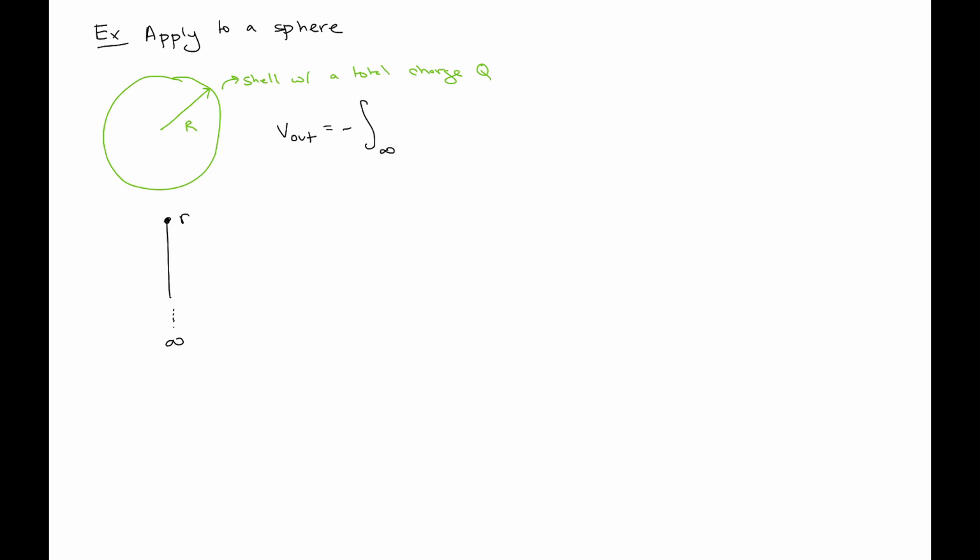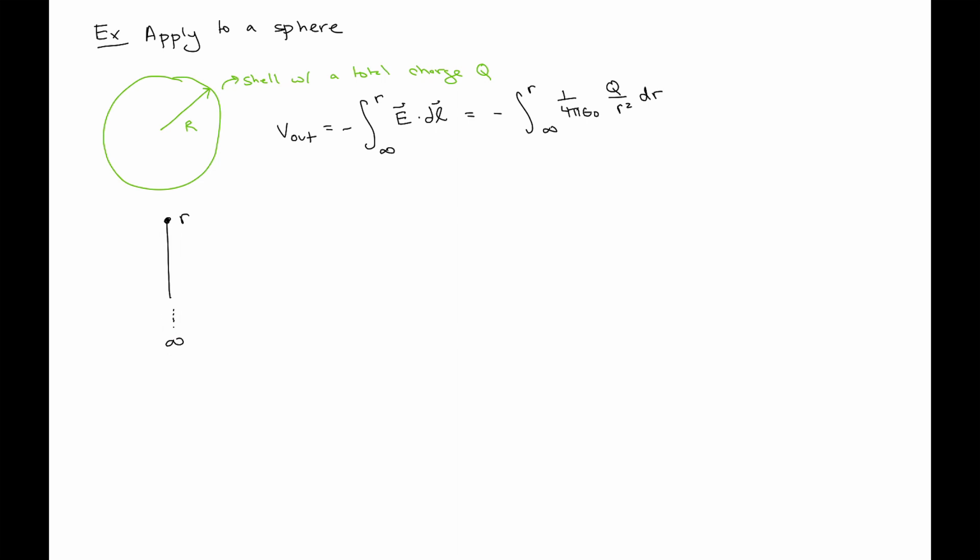So this is my start point, this is my end point, this is my electric field, that's my path or my line integral. I know what that electric field equation is. I could have found it with Gauss's law. It's going to be Q over R squared dr.